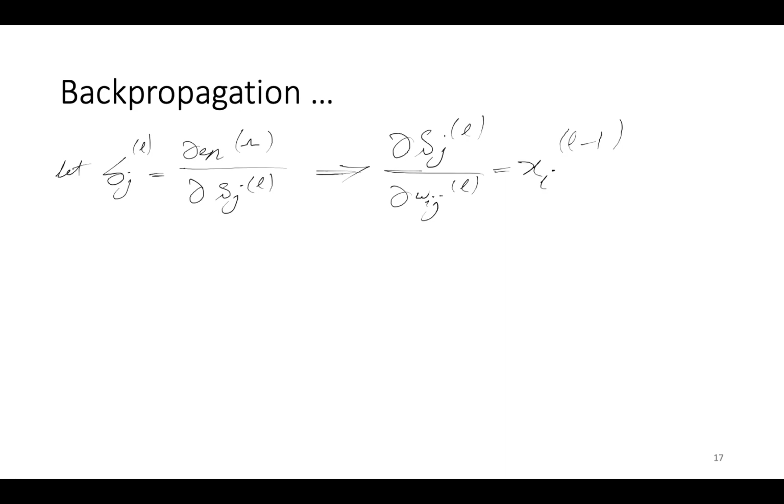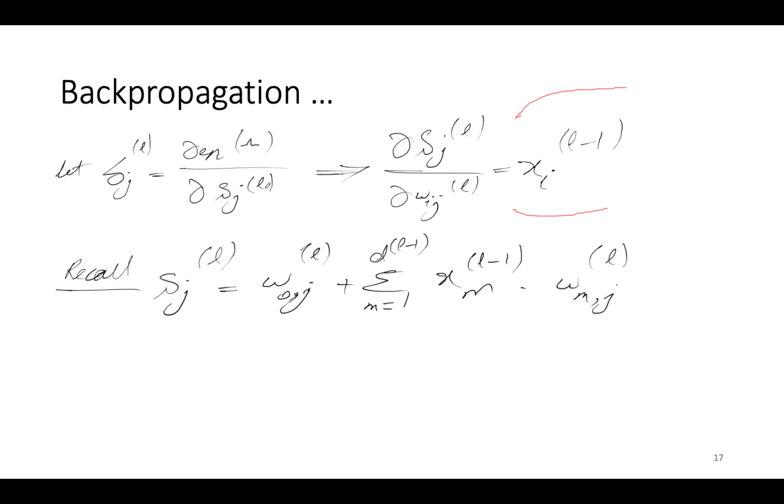So this is equal to the partial of S_j with respect to W_ij, right? This is exactly equal to x_i of L minus 1. This was the input of the previous layer.